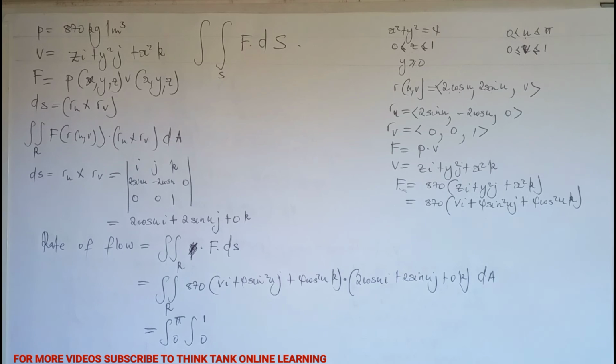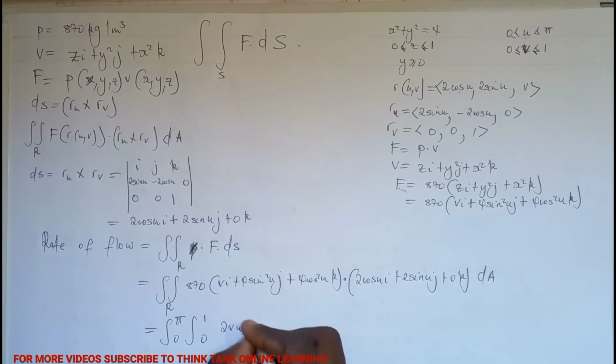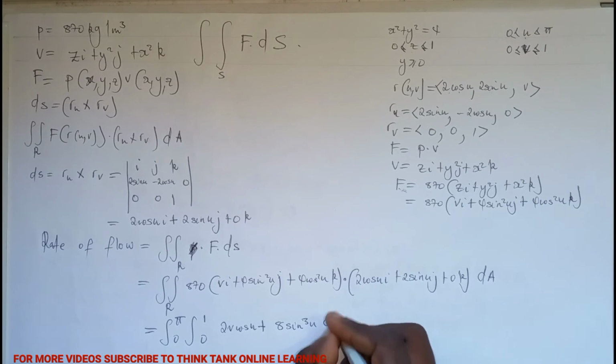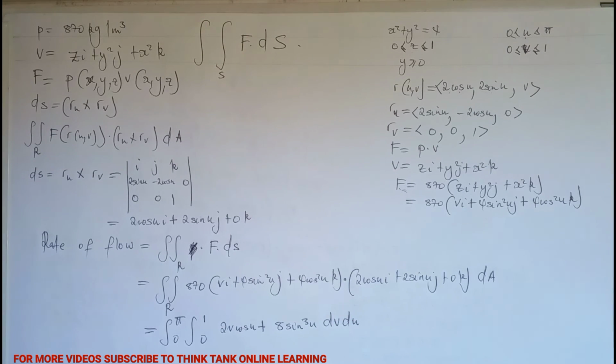That means if we simplify, I'm going to get 2v cos u plus 8 sin cubed u, dv du. There's density here, so it's going to be 870 times the integral from 0 to pi, from 0 to 1, of 2v cos u plus 8 sin cubed u dv du.